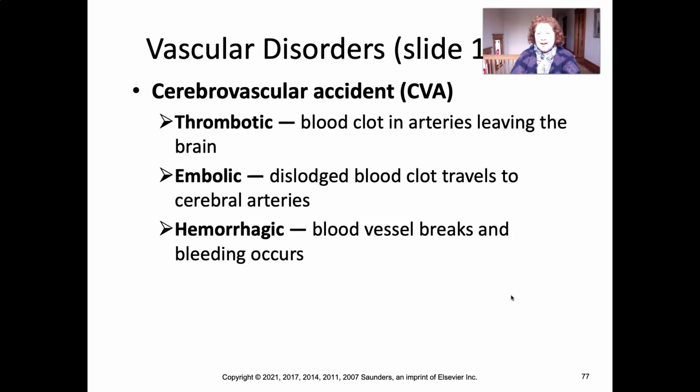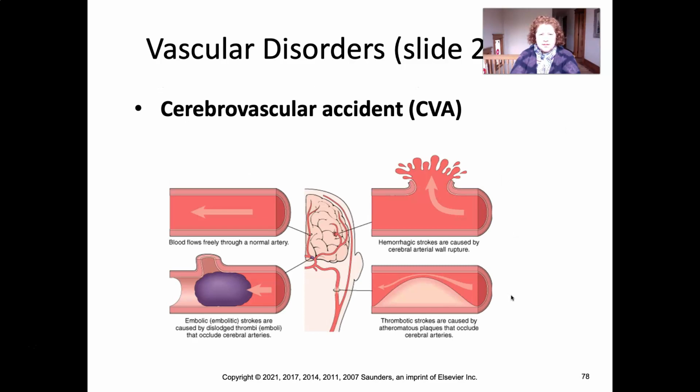Or there's hemorrhagic, where a blood vessel breaks, heavy bleeding occurs, and that's what causes the CVA or the stroke. And this is a visual of the different types of things that happen, those three types of strokes versus a normal one. So well worth looking at and understanding.